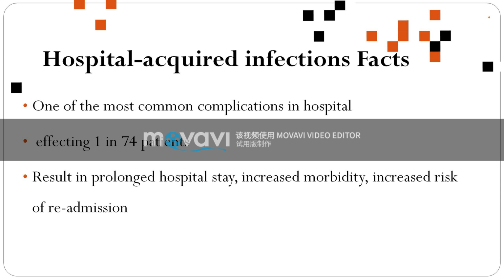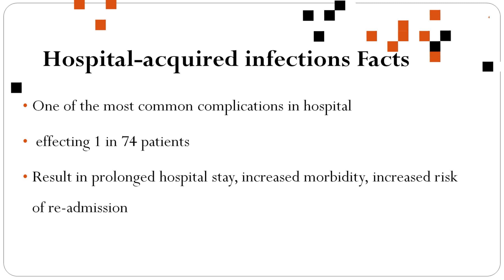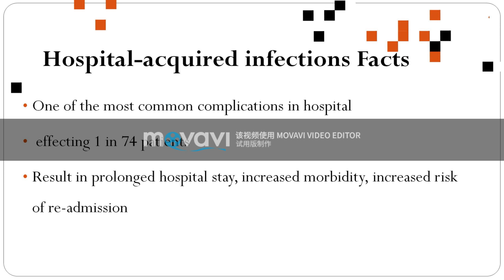Hospital-acquired infections result in a prolonged hospital stay, approximately 18.1 days longer than patients without this complication. A longer hospital stay is associated with higher cost. It also results in increased morbidity and mortality, as well as the risk of readmission within a year.